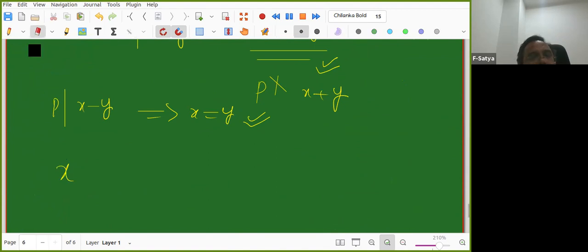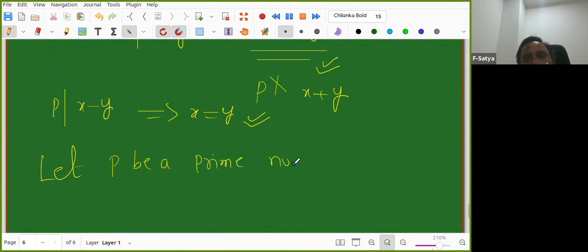So let p be a prime number of the form 4k plus 3. I have done this a few times, but again I'll repeat. It is very, very useful.